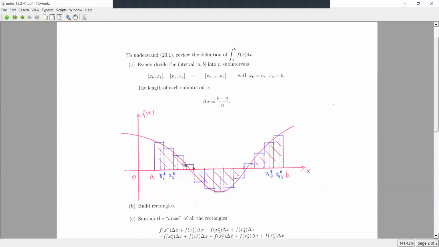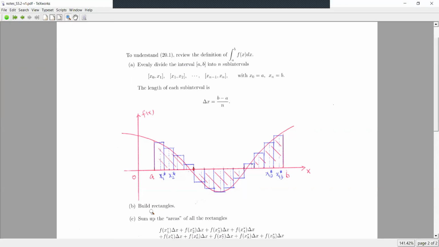Part of the curve is above the x-axis and part is below the x-axis. To compute this integral by definition, step one, we evenly cut the interval AB into subintervals. In this diagram, I have cut the interval AB into 13 subintervals.